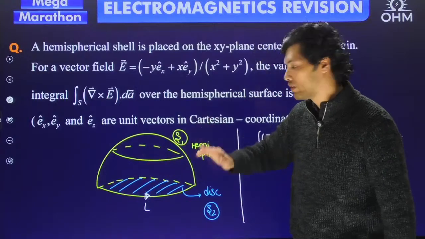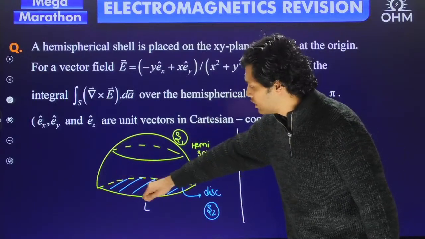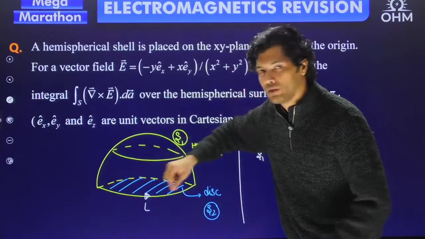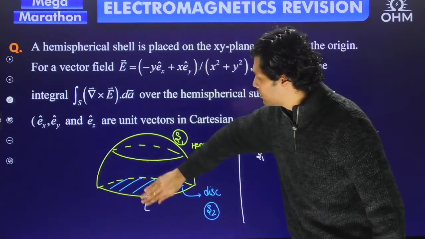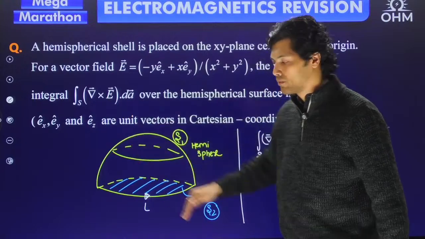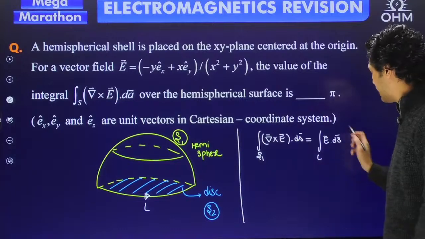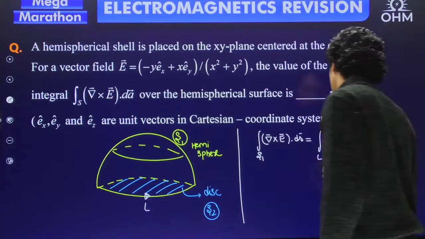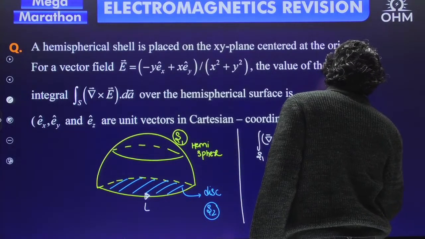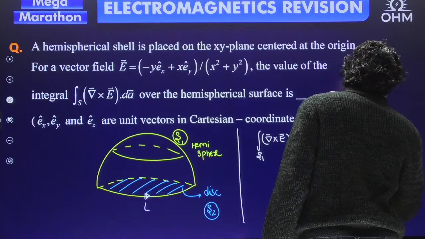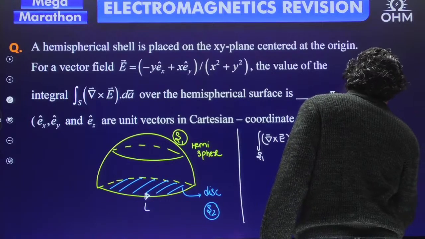Enclosed inside this closed path you are having this hemisphere also. You are having two surfaces. If you pull that particular surface out, let's assume this blue surface is an elastic surface, then you are having this hemispherical dome. So you are calculating this part by applying Stokes theorem in reverse. Again, when I apply Stokes theorem, it is also equal to the integration of del cross E dot ds bar over the surface S2.